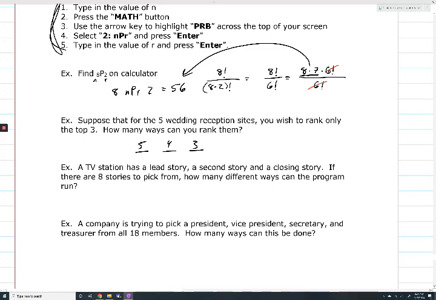Again, if we did that using the actual formula, that's 5 factorial over 5 minus 3 factorial, 5 factorial over 2 factorial.